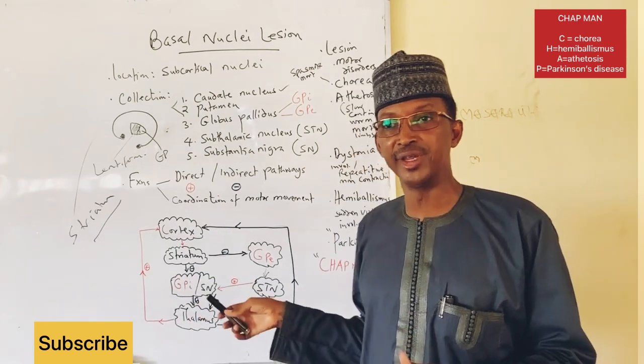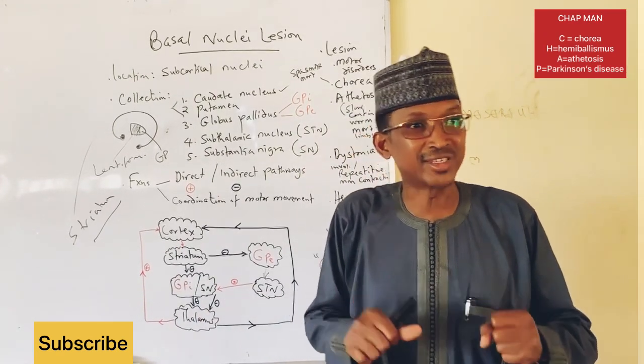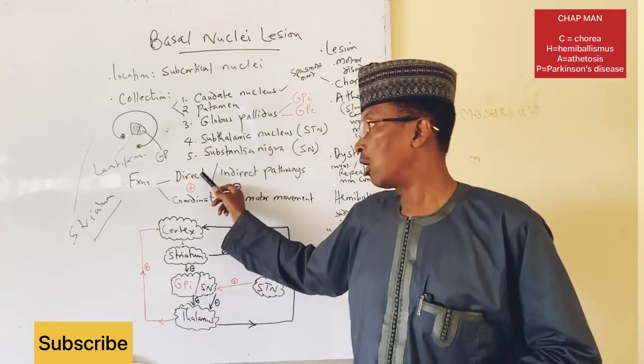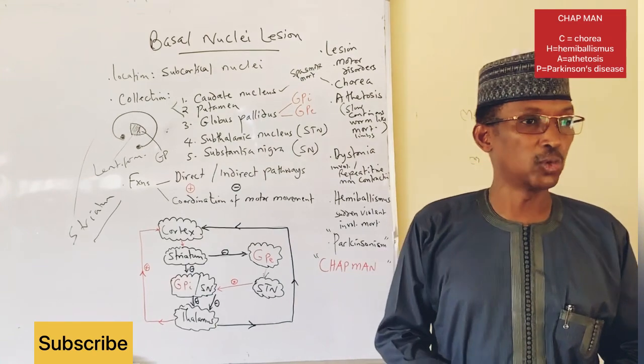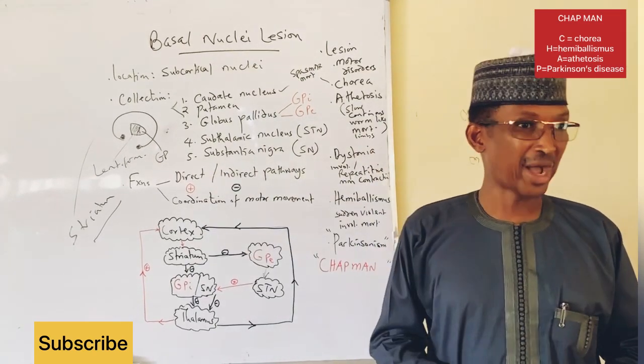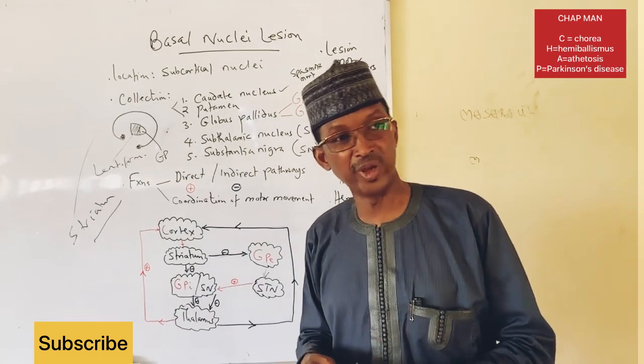At the end of the day, the person with Parkinson disease has inability to initiate motor movement, which is part of the function of the basal nuclei. That is through the direct pathway. So there is a problem with initiation of our motor movement.